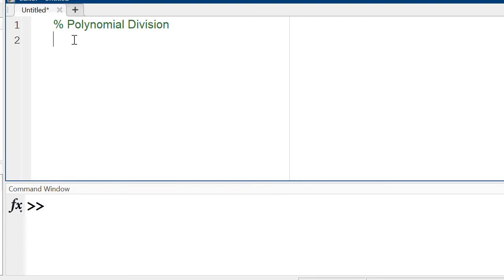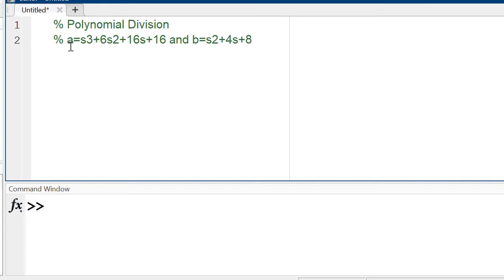Now in this, let A is equal to s cube plus 6s square plus 16s plus 16, and B is equal to s square plus 4s plus 8.